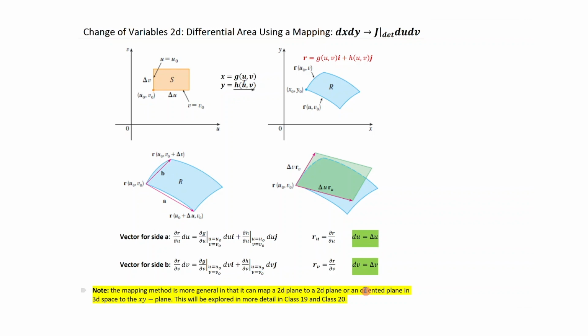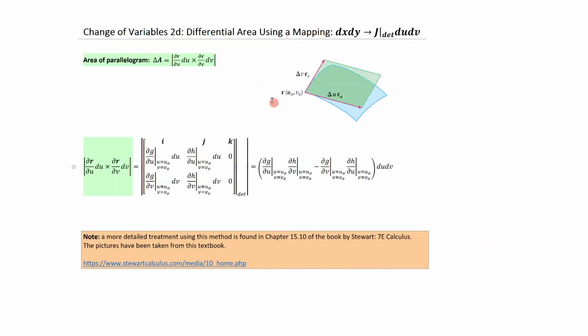Right, and so this basically is the starting point, and now we know that the area of this would be, again, the cross product, taking the magnitude of the cross product of the two vectors to determine what the differential area will look like. All right, so the differential area would be just the magnitude of the cross product between these two line elements, which are shown here.